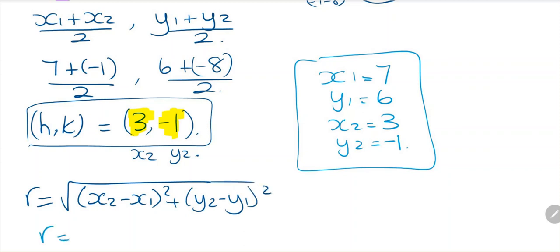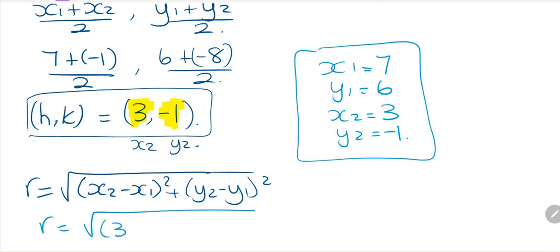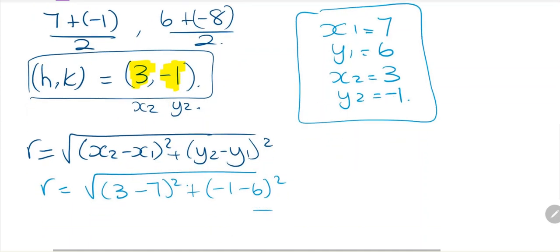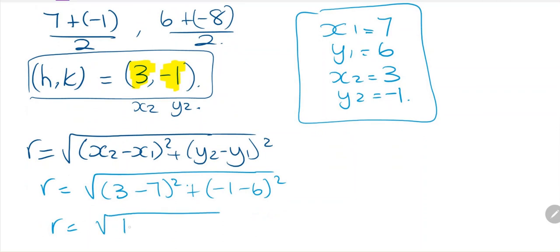So substituting in the values, we'll have 3 minus 7 squared and y2 is minus 1 minus 6 squared. So 3 minus 7 is minus 4 squared, so this is 16.